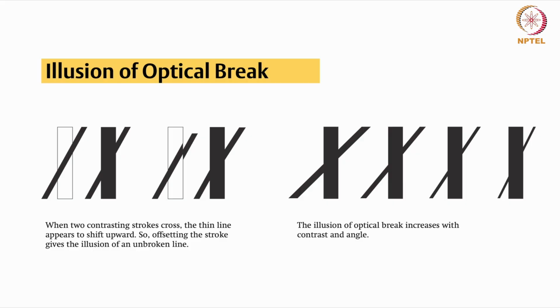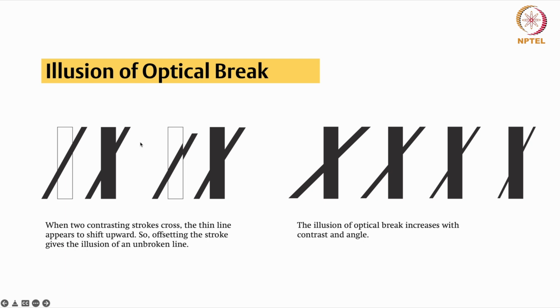When two contrasting strokes cross, the thin line appears to shift upward, right? If you look at this example, where thin and thick strokes have been used, it feels like the line has moved upward, so it is not in a straight line.